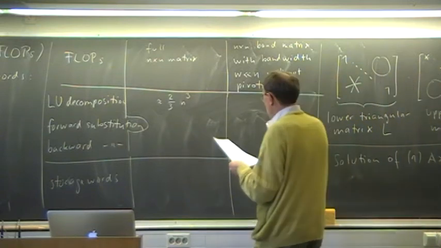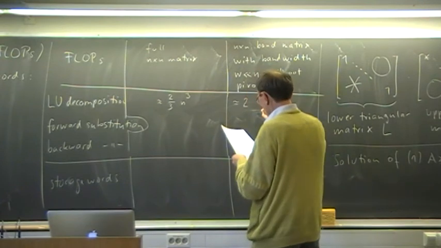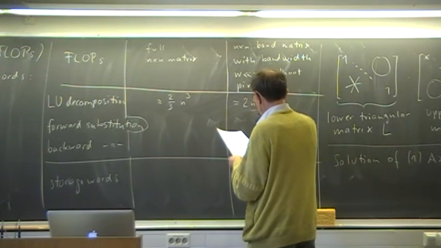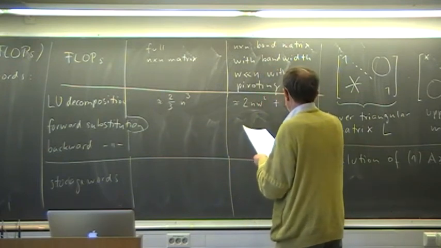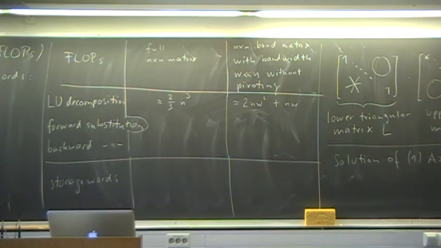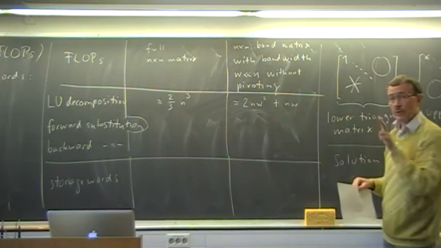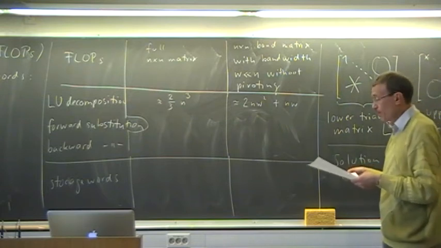Opposed to that, with a band matrix we have n W squared plus n W. In the example that we had just discussed before, W was 1, so 2n plus n is 3n. That is okay for our tridiagonal matrix.